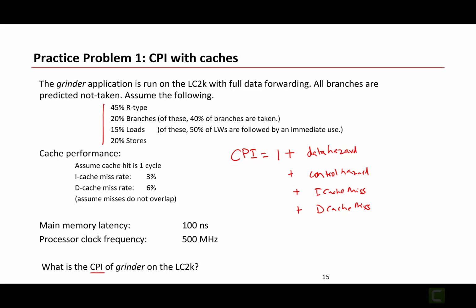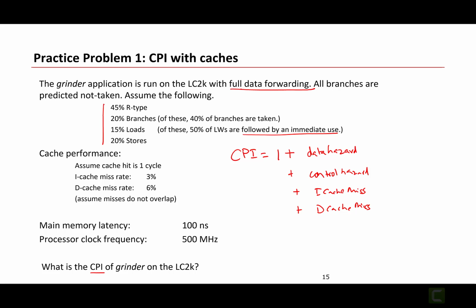this given problem. The data hazard penalty is due to data dependencies, the read after write dependencies. In a pipeline data path where you are assuming full data forwarding, you have a penalty only for the load instructions that are immediately followed by a dependent instruction, or an immediate use.